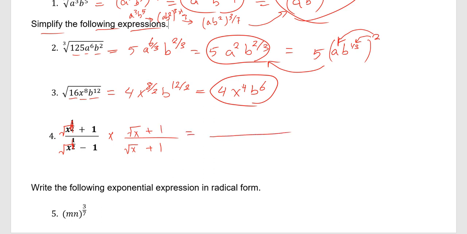This becomes a difference of two squares, so square root of x squared is just x, minus 1. That's my denominator. Then in the numerator we'll have square root of x times square root of x is x, plus 1 times plus 1 is plus 1, and then plus 1 times square root of x is square root of x, plus square root of x, which is plus 2 square root of x.